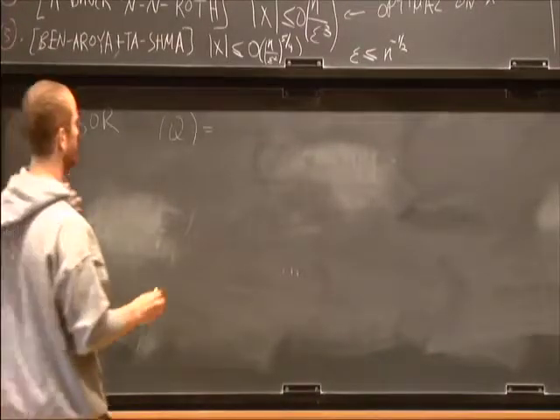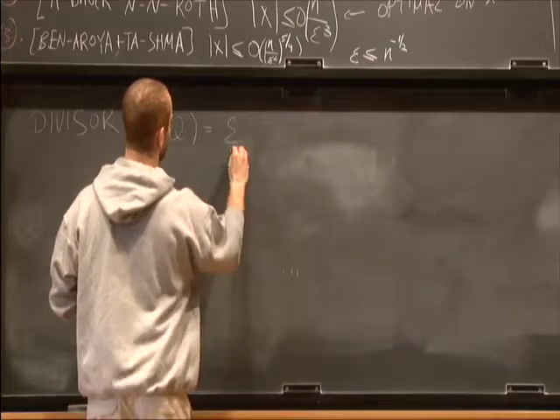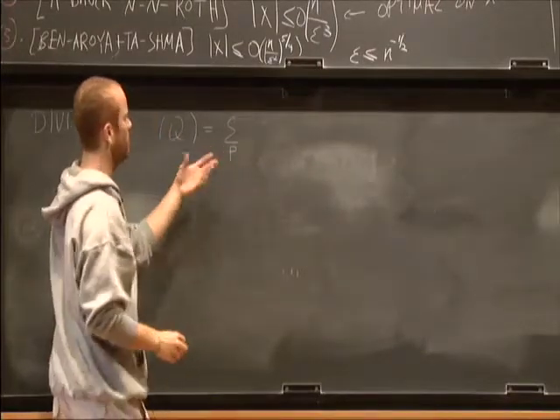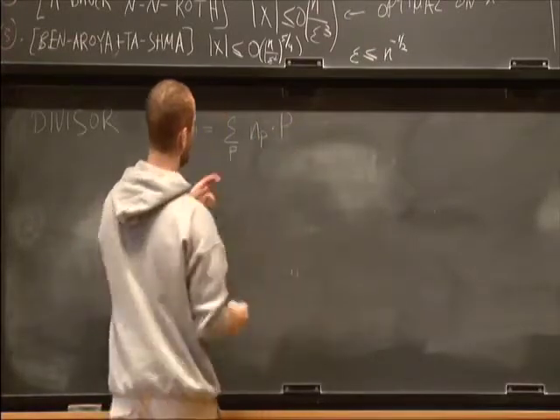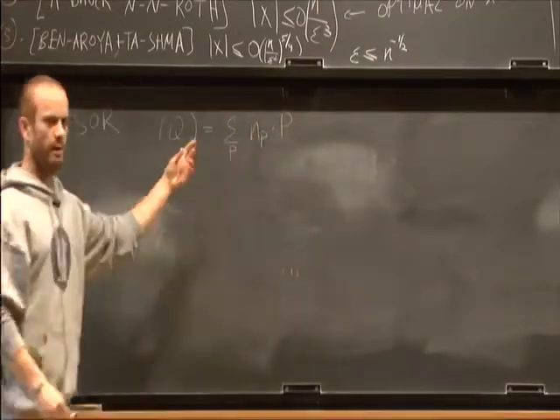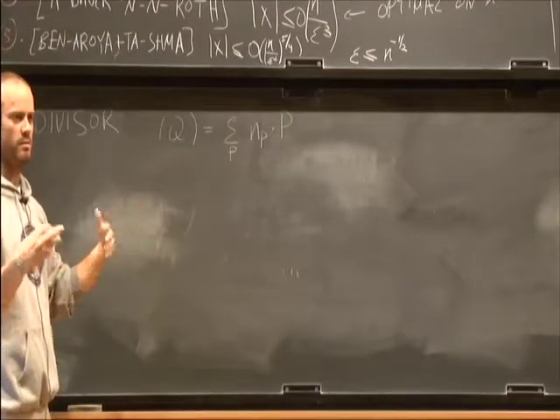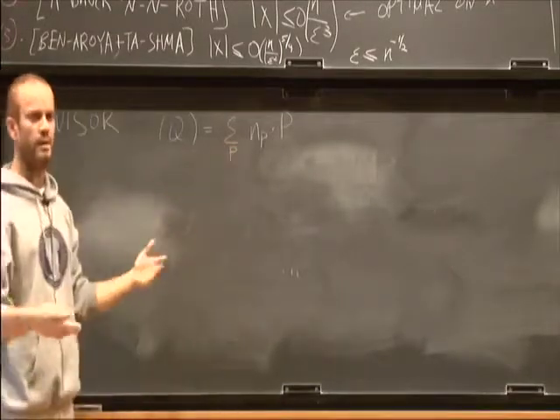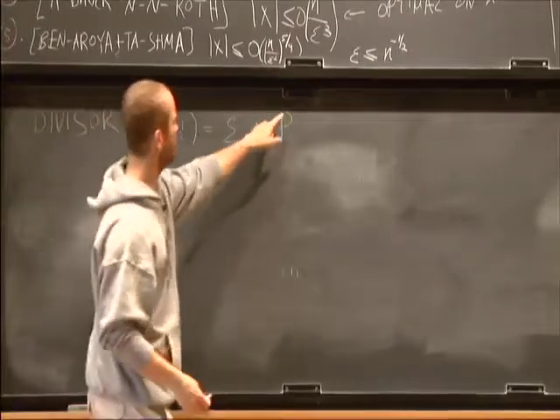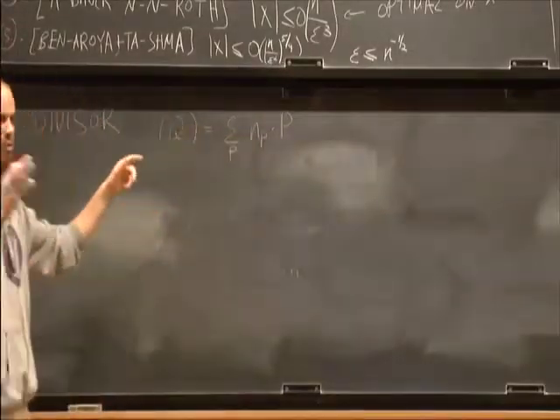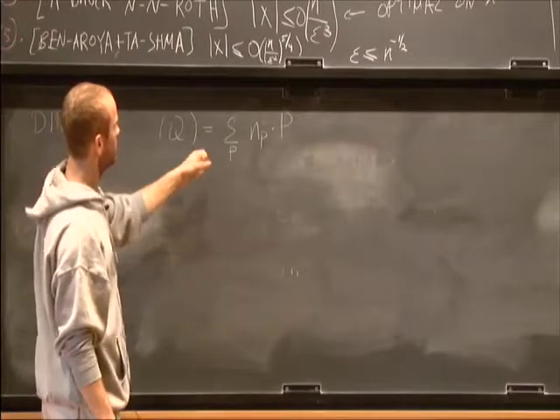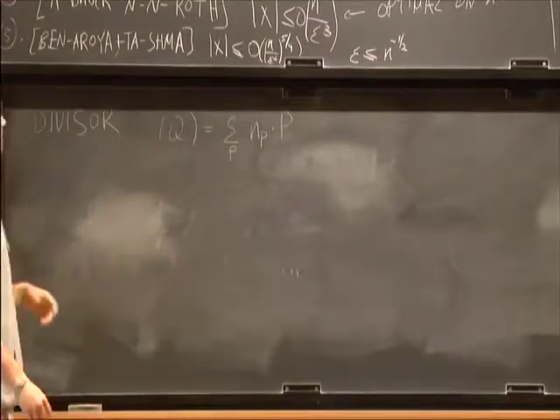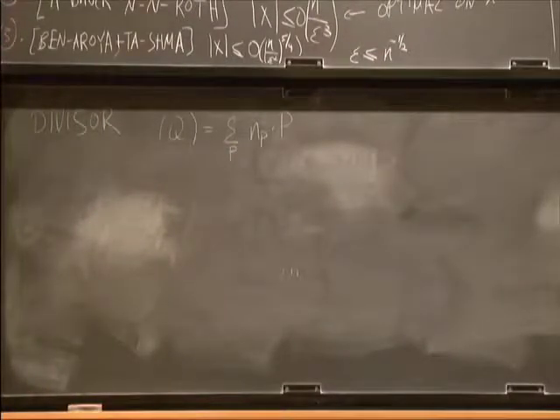I will not be very formal, but it will be roughly a sum over some points, some integer times the point, and the sum is just formal. It's a free abelian group, so these are just coordinates. The p are just coordinates in the vector. So for every variety, we can define this vector, and this is called the divisor.